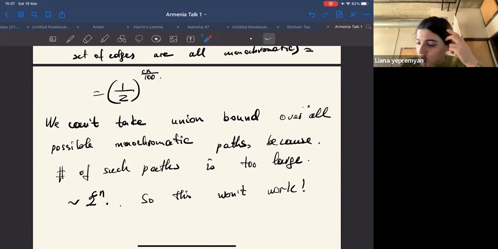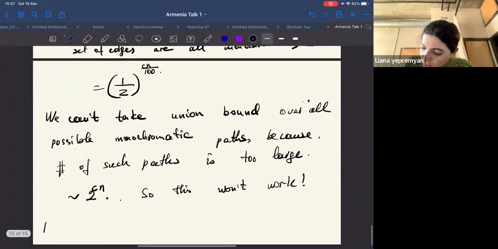You can try other methods, but you will not be able to say that, okay, I can eliminate all long paths. So next time, we will continue recoloring.